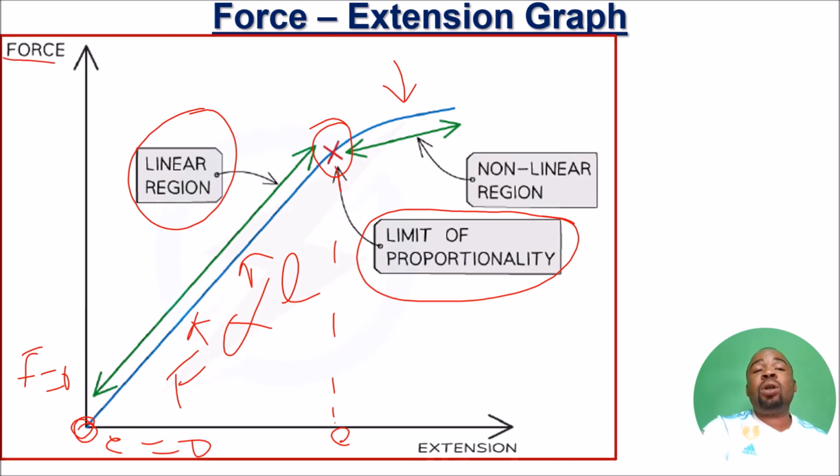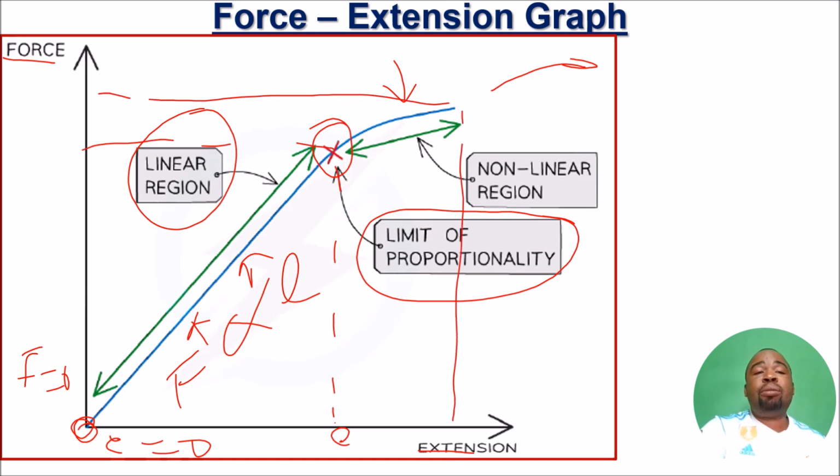I want to emphasize the shape when we reach beyond the limit of proportionality. Take note of the axis. If it's a force extension graph, it should be bending with decreasing gradient, a gradient that is going towards 0. Meaning you need a small force to cause a very big change. A small force causes a big change.